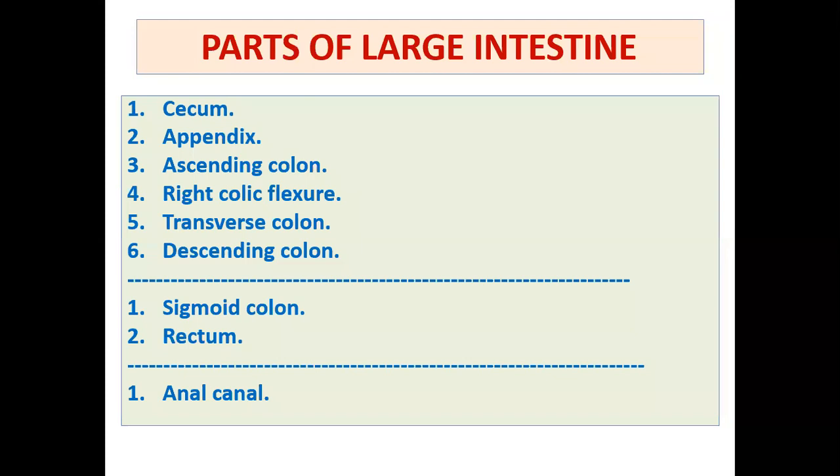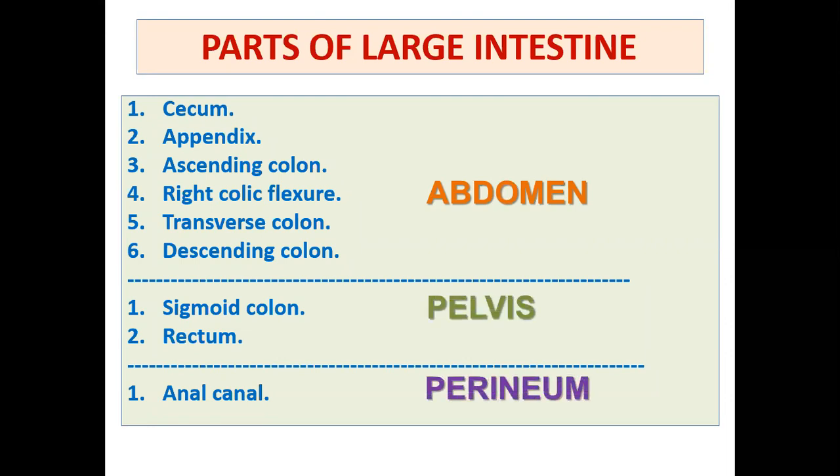Okay. Now coming to the parts of the large intestine, as we already saw the small intestine. Now we'll study the parts of the large intestine. The large intestine is divided into three parts: abdominal, pelvic, as well as the perineal part.